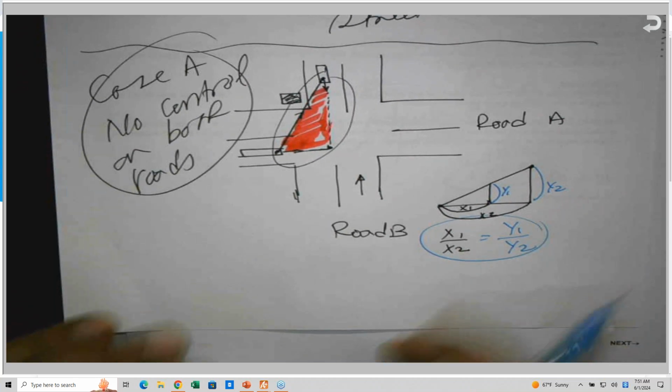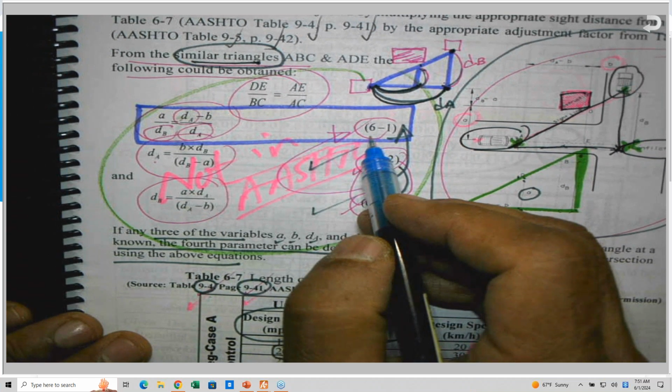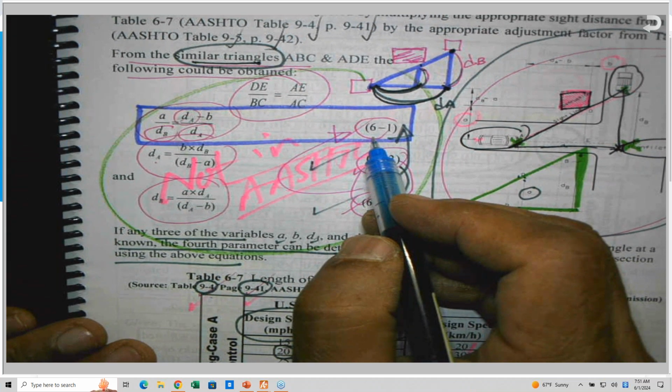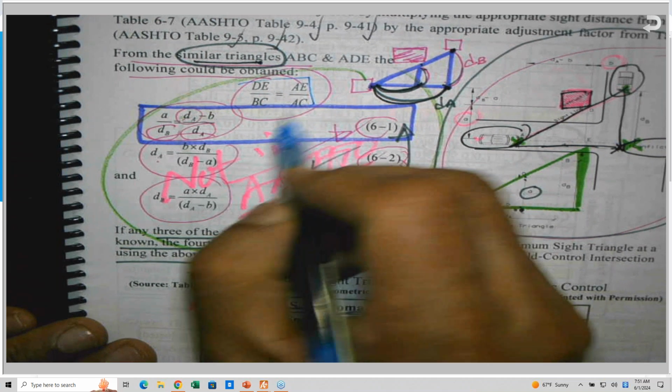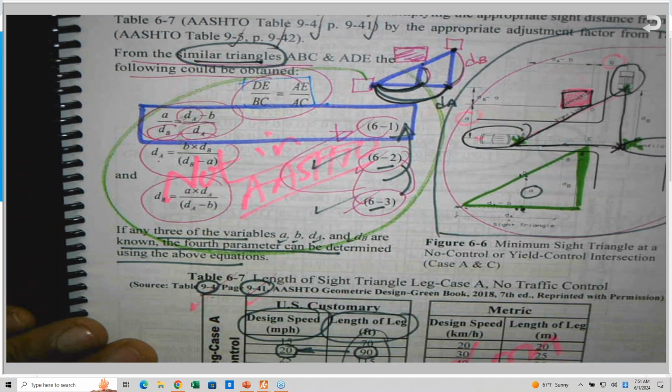This is just to show you the concept, because this is the equation I call equation 6-1 in my book. Here it is. I use letters A, B, C, D, but here I call it x1 and x2 and y1 and y2, just to make it a little bit simple.